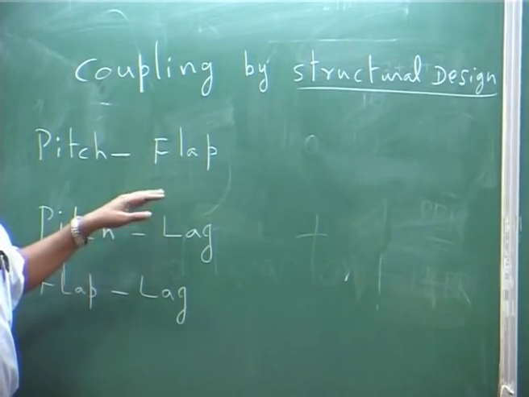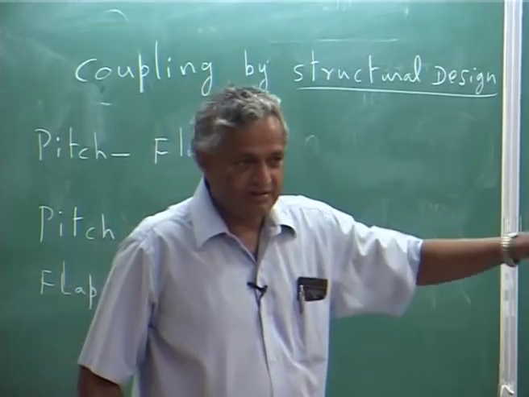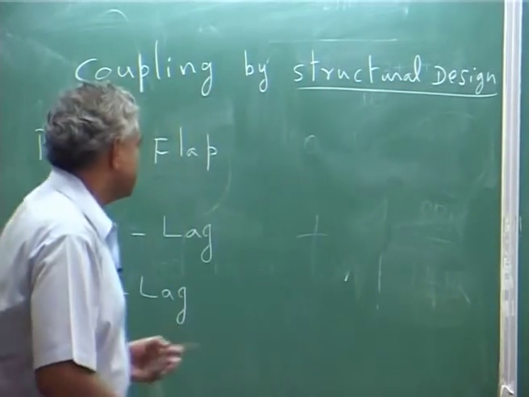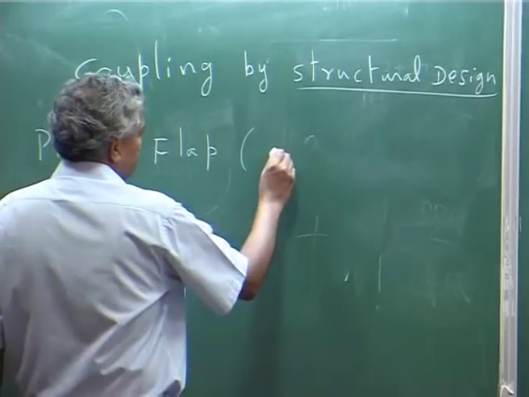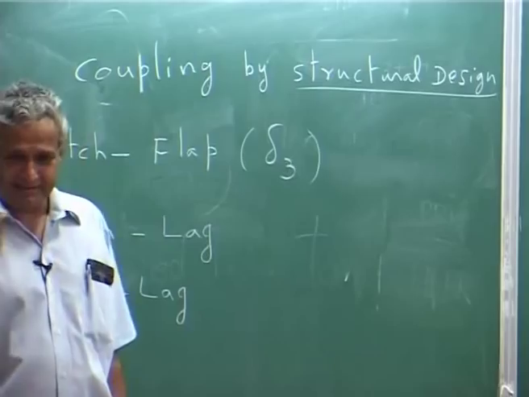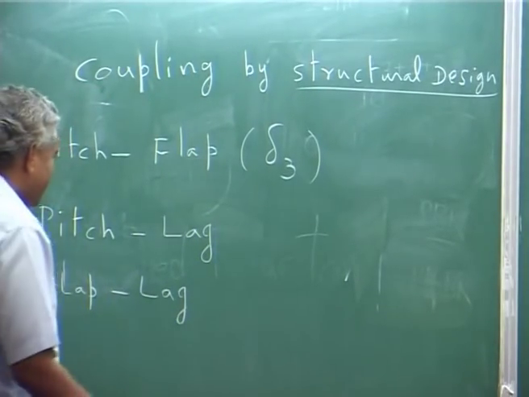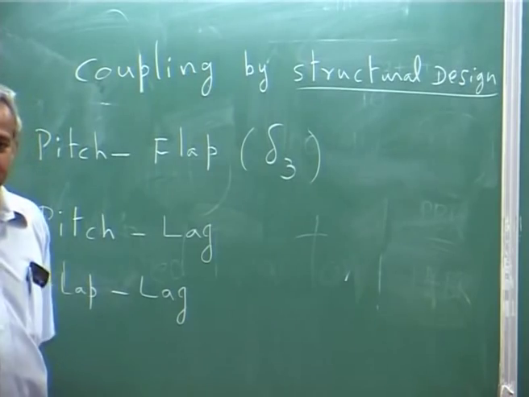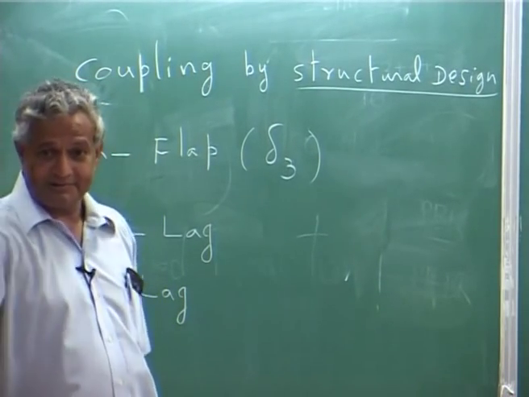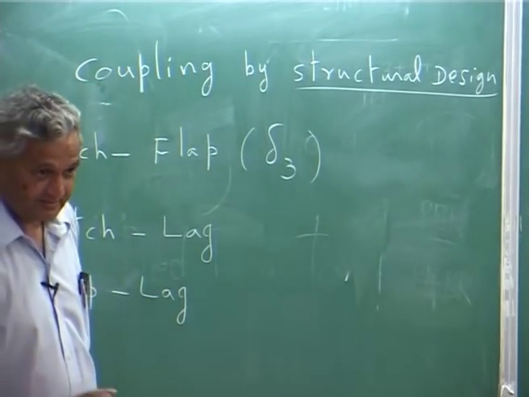When I say pitch flap, or flap pitch, when the blade flaps up, the pitch angle will change. This coupling they just call delta 3. And similarly, when the blade goes back and forth, lead lag, again the pitch angle can change.